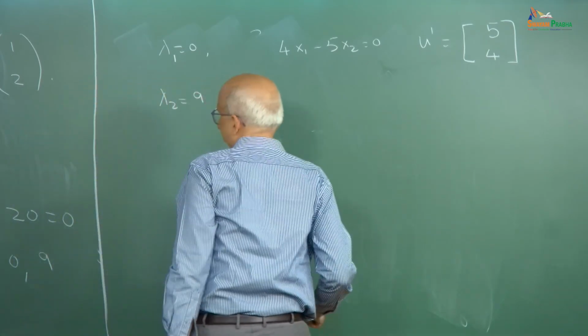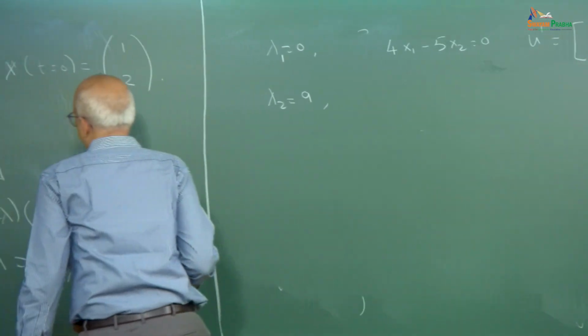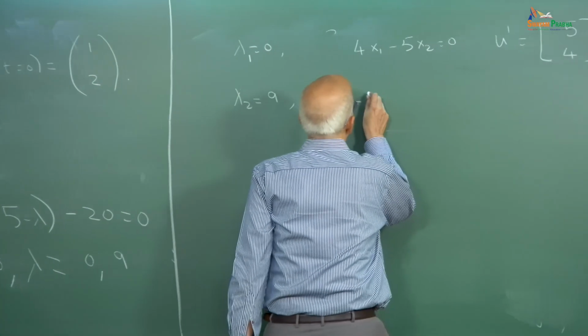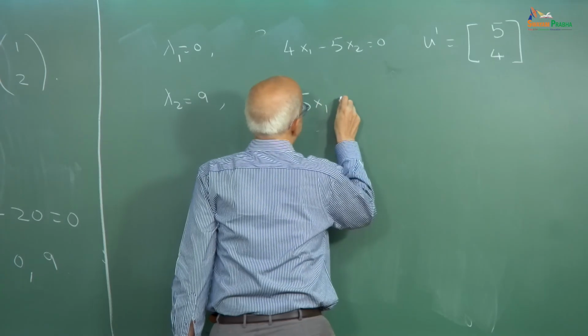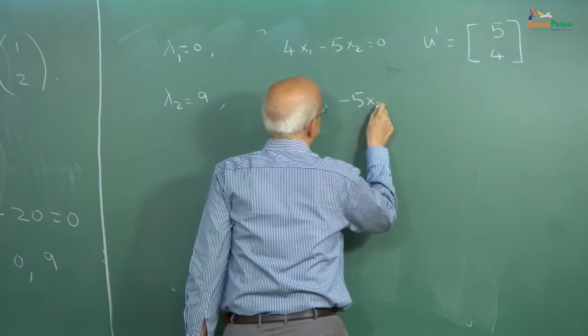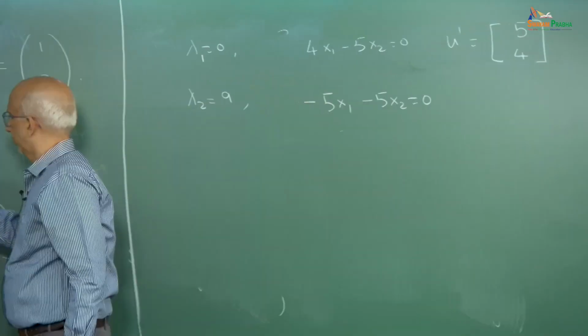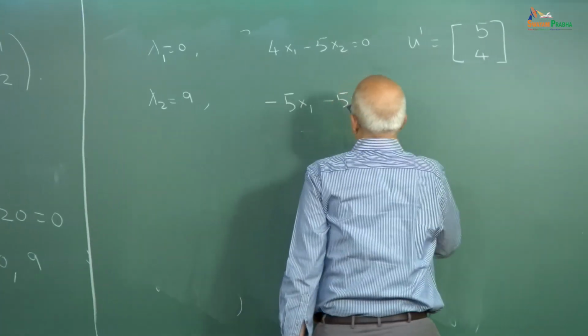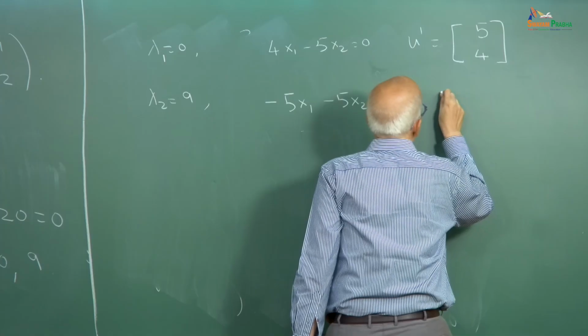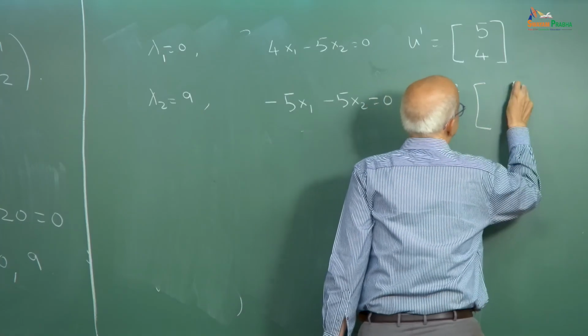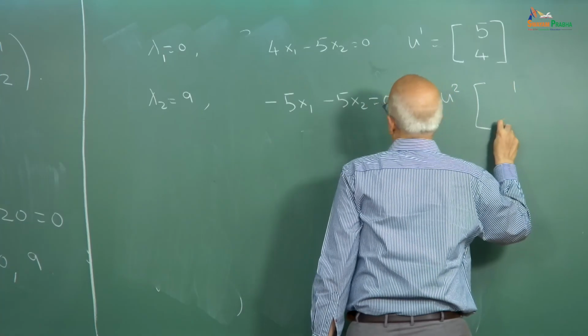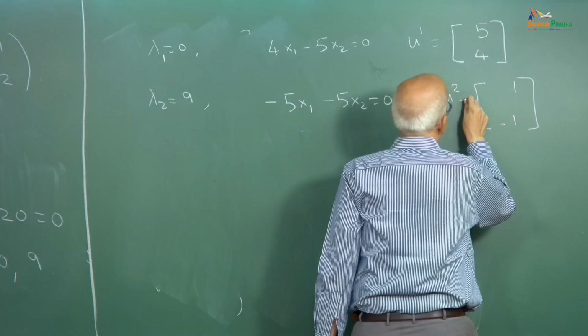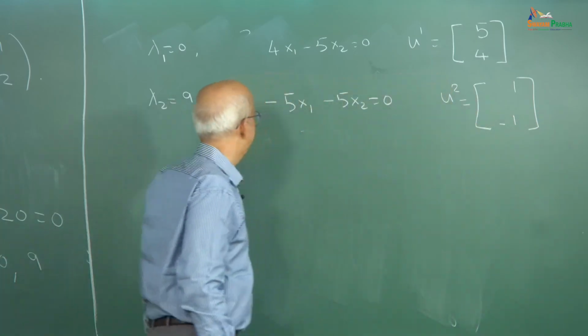So, this is an eigenvector corresponding to lambda 2 equals 9. I have minus 5 x1 minus 5 x2 equal to 0, right. So, x1 plus x2 is 0. So, u2 will be of the form, what do you want, 1 minus 1, minus 1 1, 1 minus 1, okay, good.